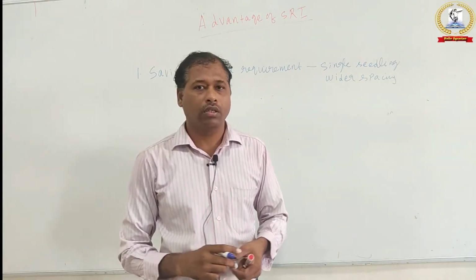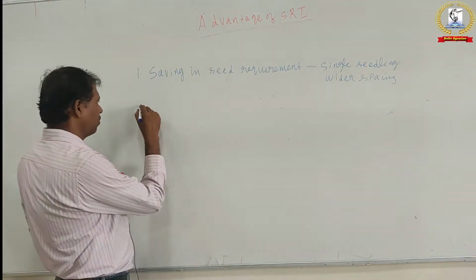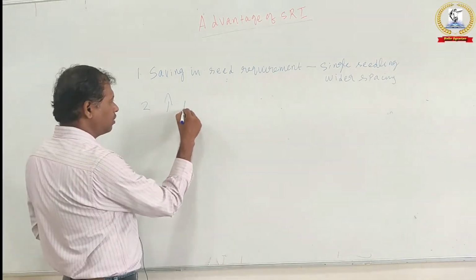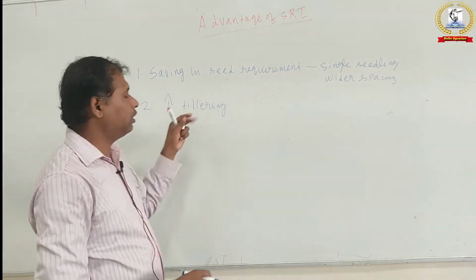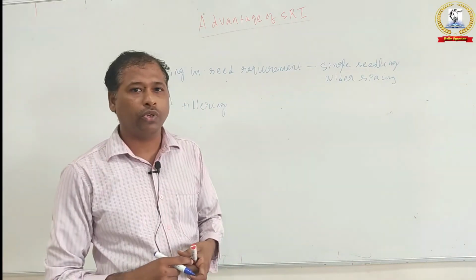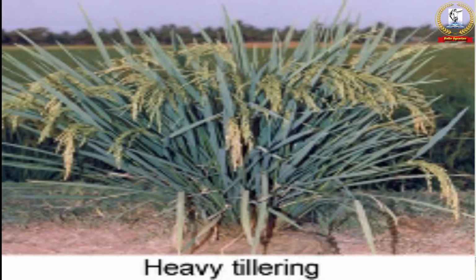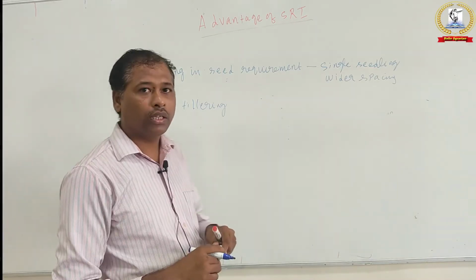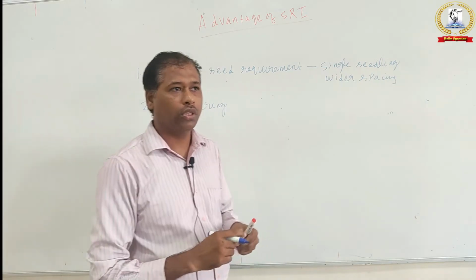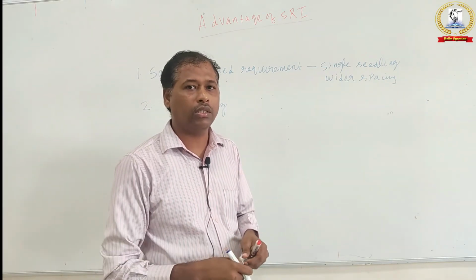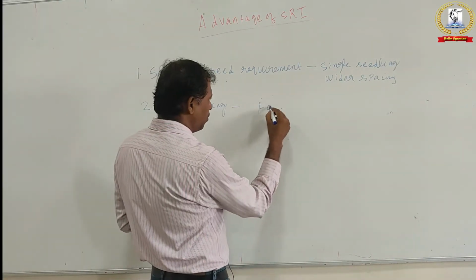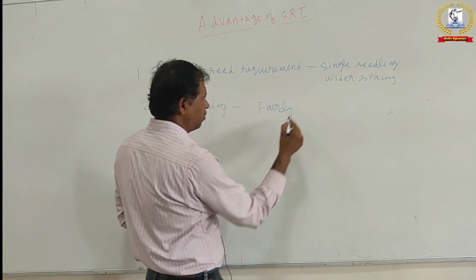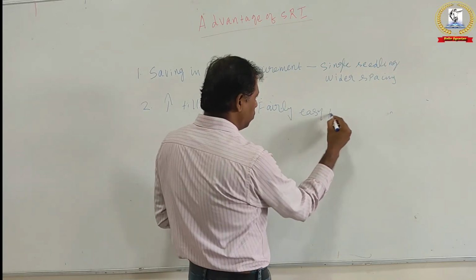Next one is increased tillering. In SRI method, plants produce more tillers as compared to conventional methods. In SRI method, a single plant normally produces 30 tillers per plant, so it is fairly easy to achieve.